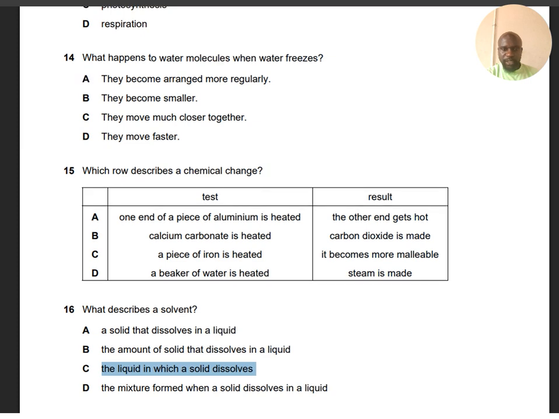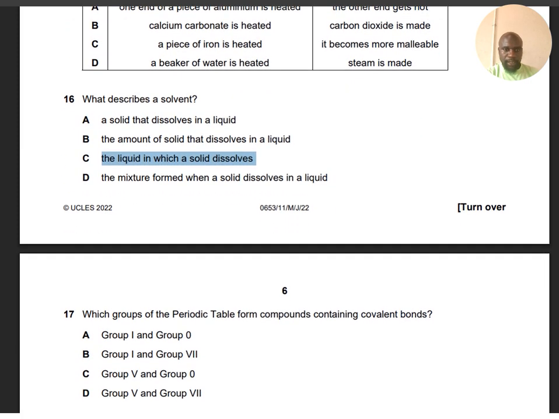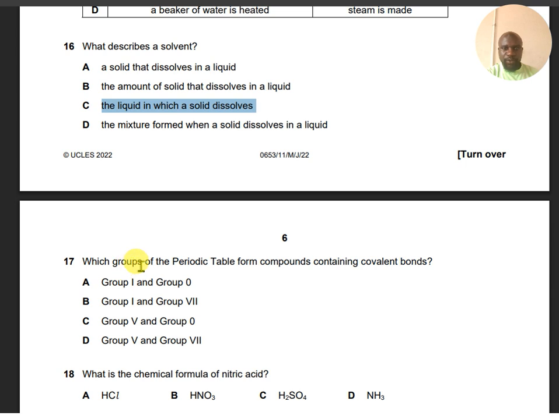Moving on to number 17. Which groups of the periodic table form compounds containing four covalent bonds? The group here should be D, which is group 4, and group 7. These ones form covalent bonds.